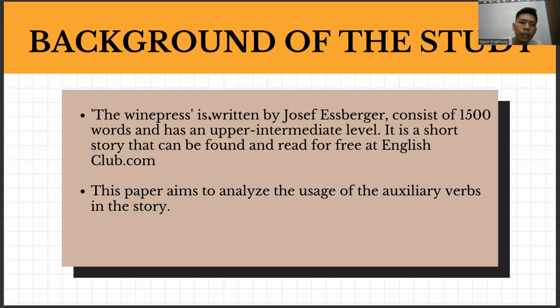Background of the study. The Wine Press is written by Joseph S. Berger, consists of 1,500 words and has an upper intermediate level.